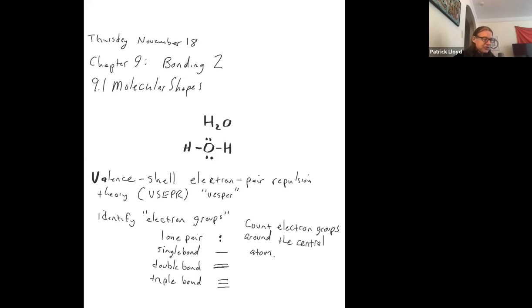Okay, so we count electron groups around the central atom. So let me show you a couple of examples just to kind of get us started on that. A lone pair, single bond, double bond, triple bond. We count them all as one electron group, and then we count them around the central atom. Okay, so let's imagine water again. Let's come back over here to water. It's pretty simple.